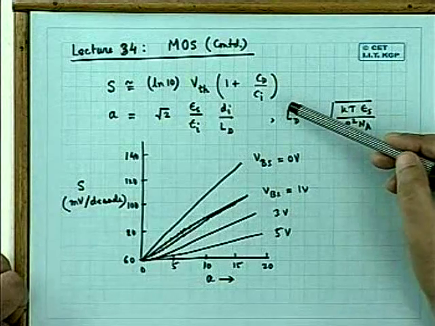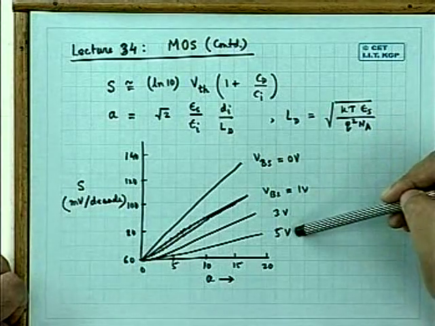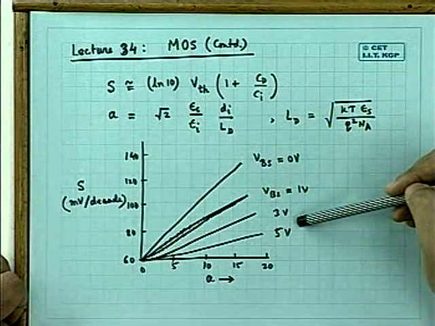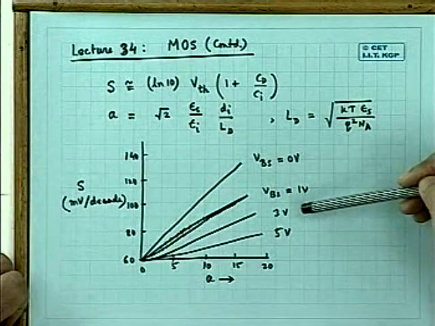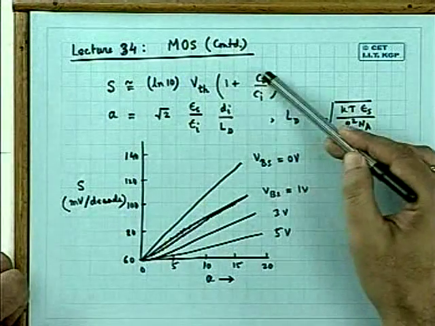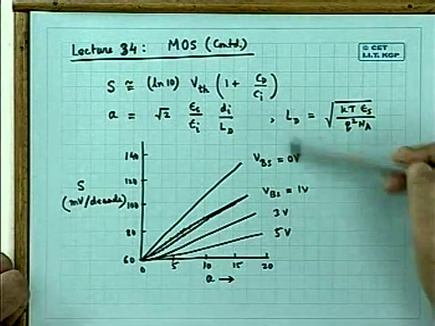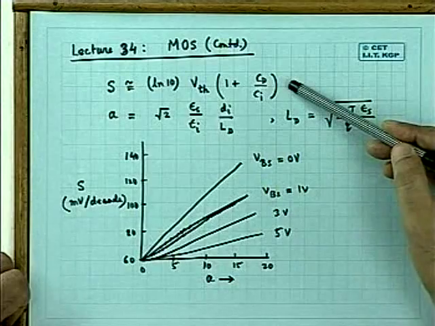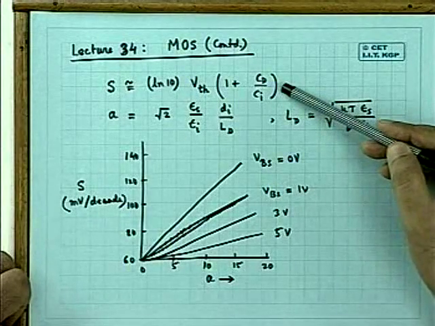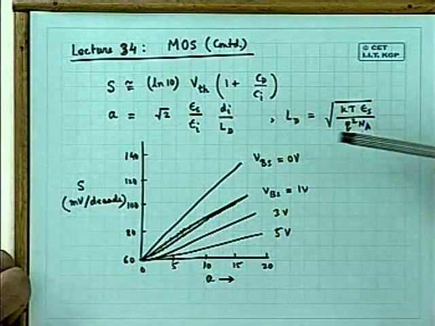Can you explain why the subthreshold slope has been reduced by the substrate bias? Plainly, S is equal to 1 plus CD by CI. As we apply a substrate bias, the depletion layer thickness widens, and hence CD is reduced, and therefore S will be reduced. Very straightforward.